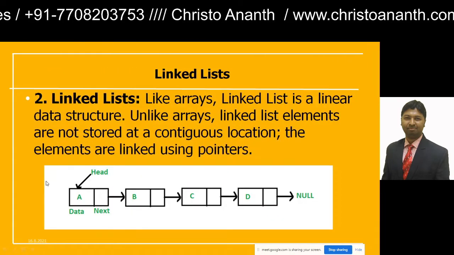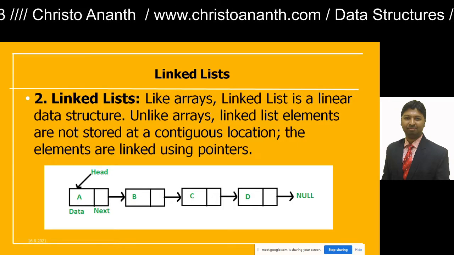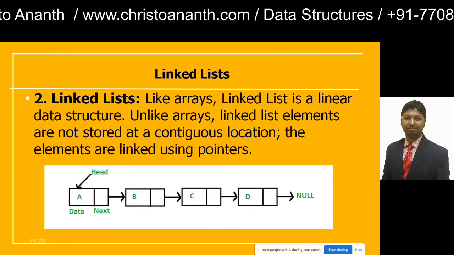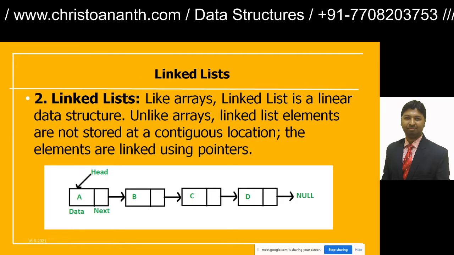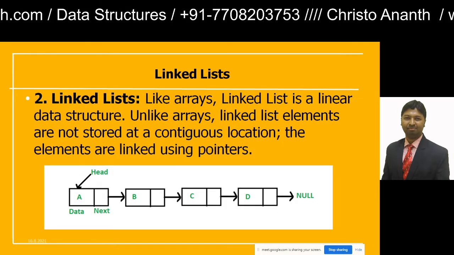And then you have a linked list. So just like arrays, you have a linked list, which is a linear data structure. Linked list elements are not stored at a contiguous location, which means that the elements are linked using pointers.